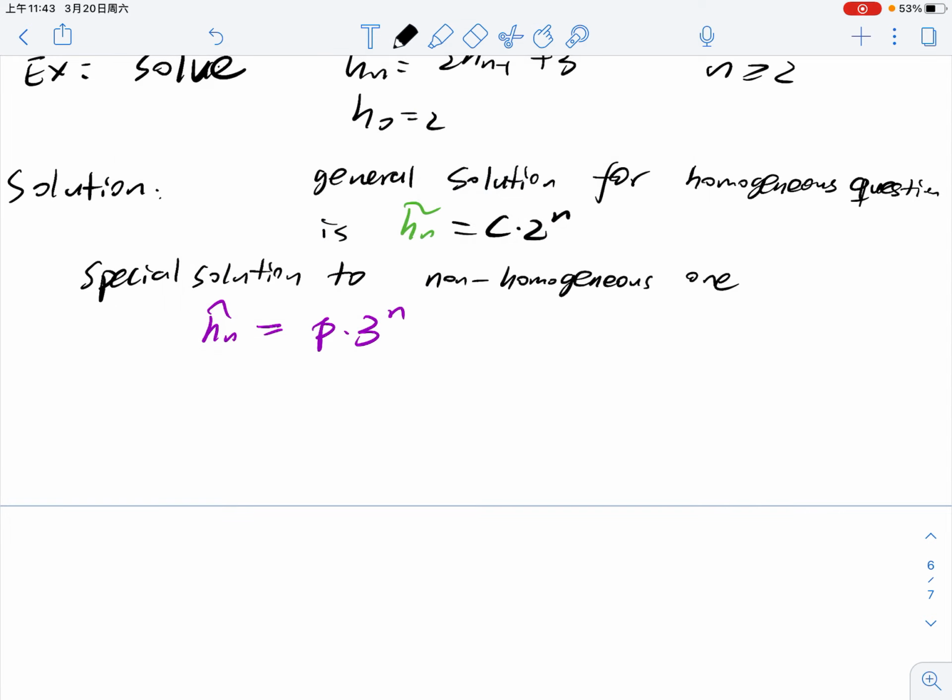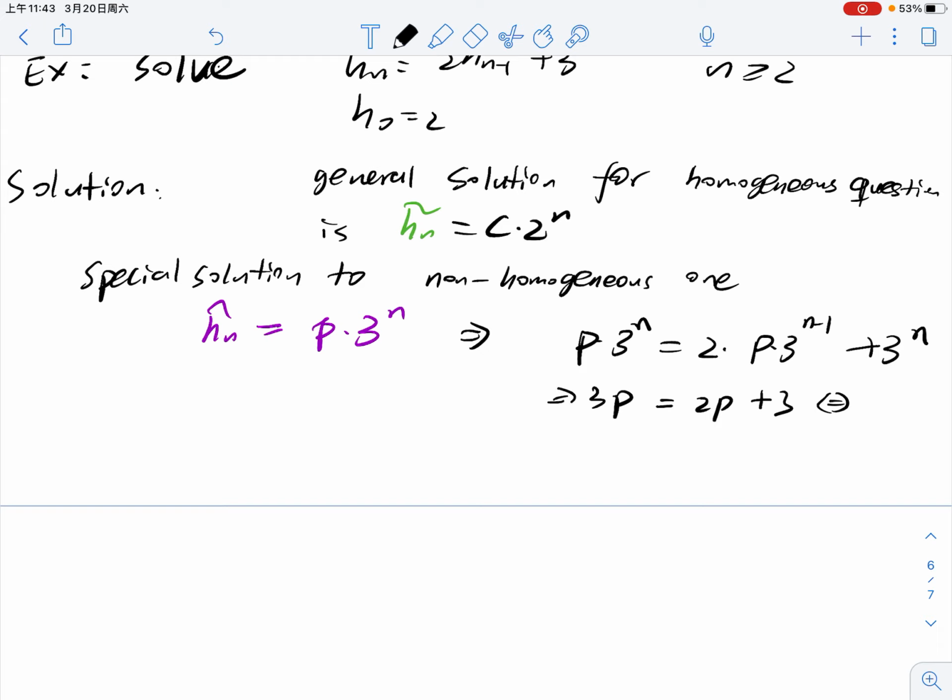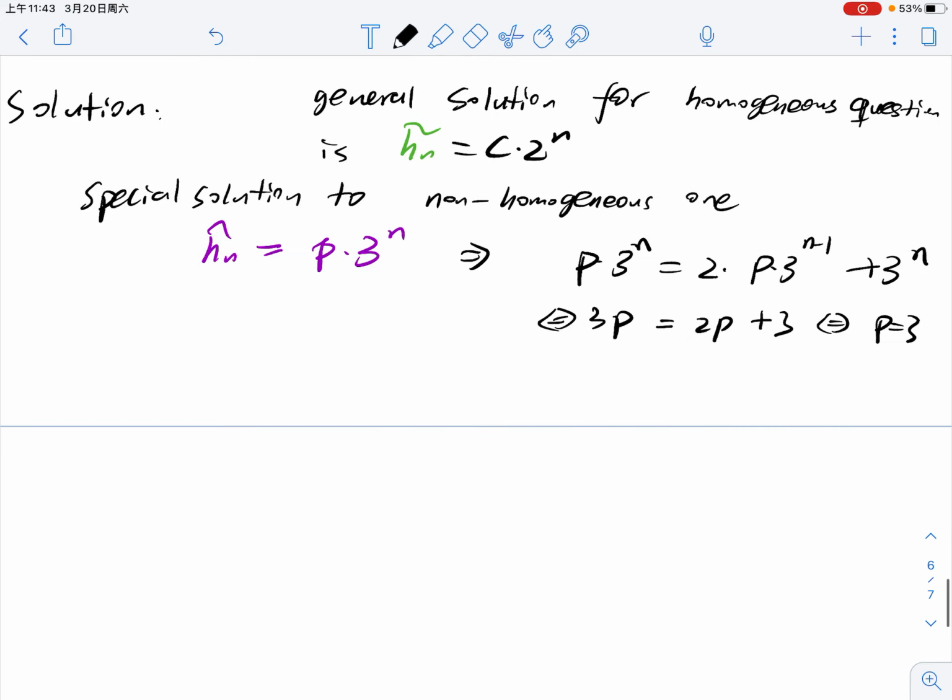And then you plug it in, you will find p times 3 to nth power equals 2 times p times 3 to the n minus 1 plus 3 to nth power. And then you have 3p equals 2p plus 3. P is 3.